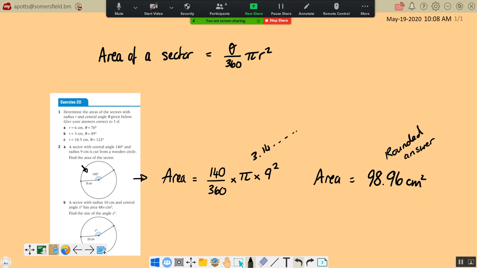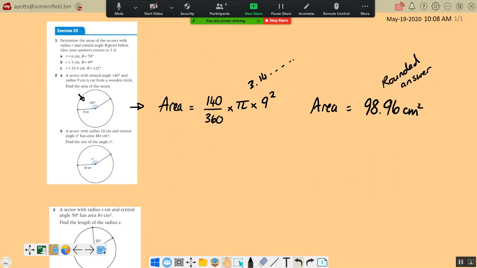So what we'll look at is, instead of giving it as a decimal like this, I'm actually going to give my answer in terms of pi. So what that means is I'm going to do all the numbers. So 140 over 360, I'm going to multiply that by the 9 squared, and then I'm going to have times pi afterwards, and I'm going to leave the pi.